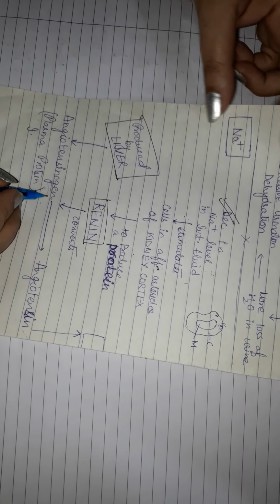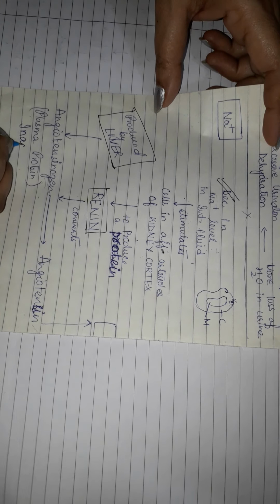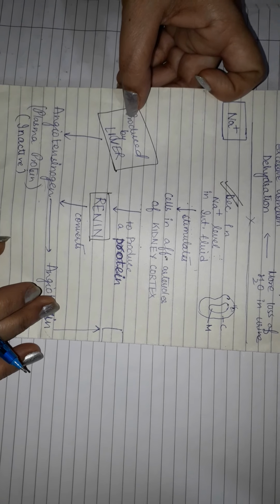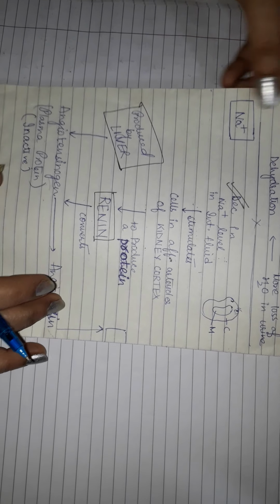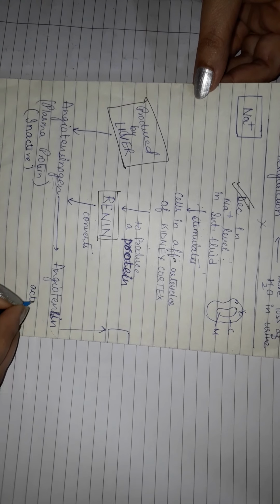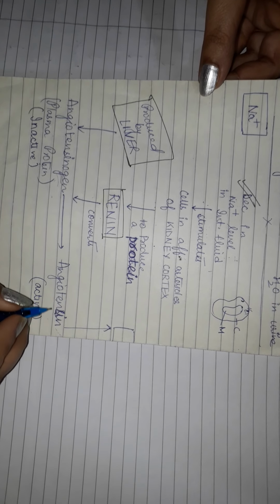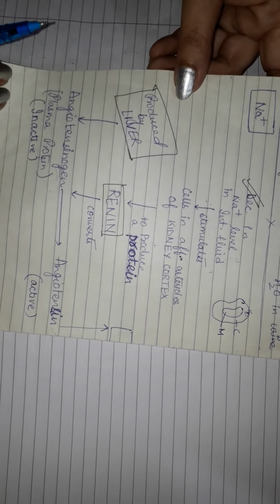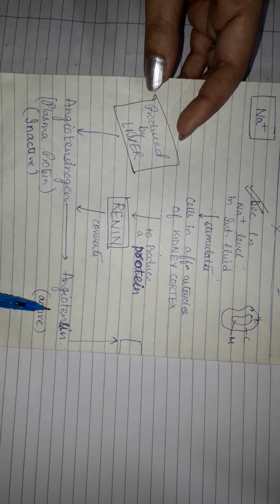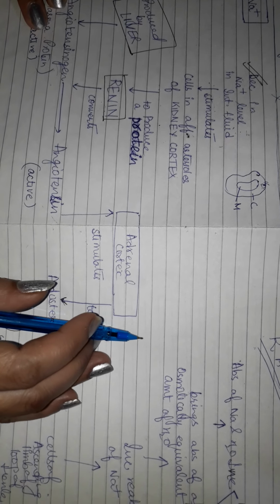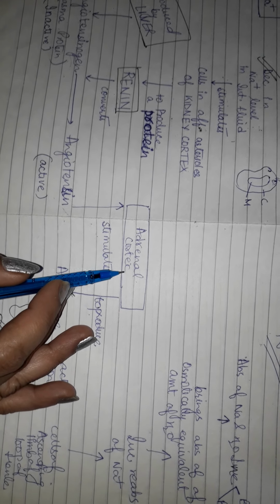A protein which is produced in inactive form by the liver, angiotensinogen, it gets converted to its active form, angiotensin, in the presence of this enzyme renin. Renin converts angiotensinogen into angiotensin.